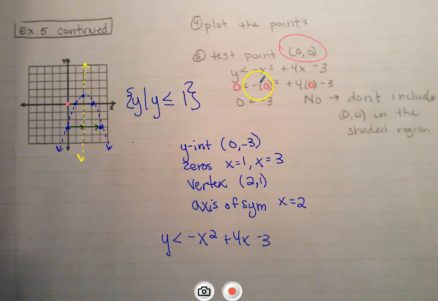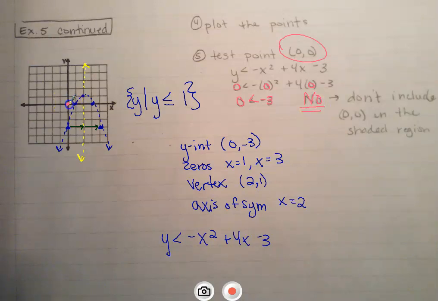So when I do this, right, I get negative 0 squared plus 4 times 0 minus 3, I just get negative 3. So is 0 less than negative 3? No, no it is not. 0 is greater than.